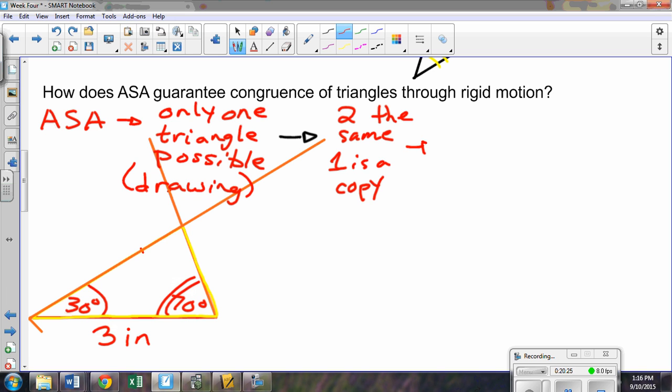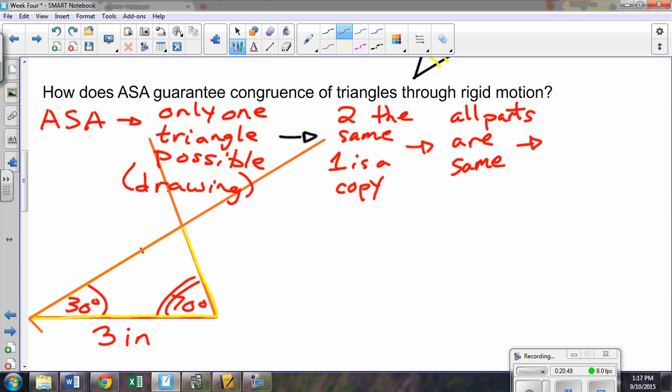As we've been discussing in class, if we have copies of each other, if they're copies, all the parts are going to be the same. And lastly, we did an essay in class yesterday where we were discussing if all of the pieces are the same.